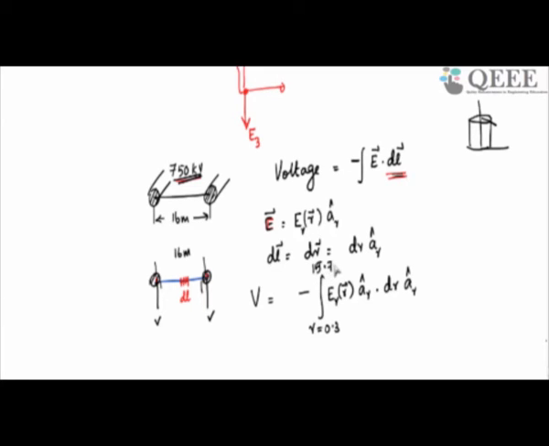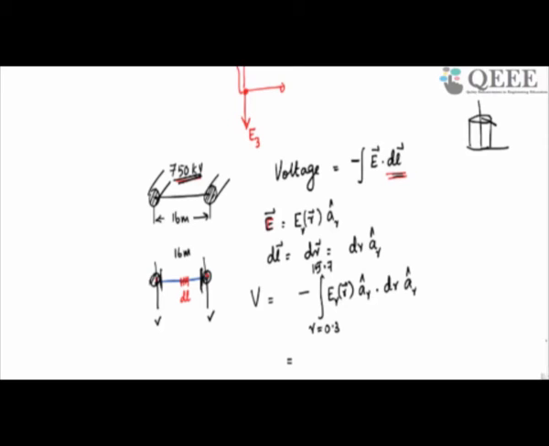I do not take center to center simply because inside the conductor there is no electric field. So, there is no concept of potential inside the conductor, but outside. So, the potential is starting from, or electric field is starting from outside the conductor. So, from that point of view, I take this.